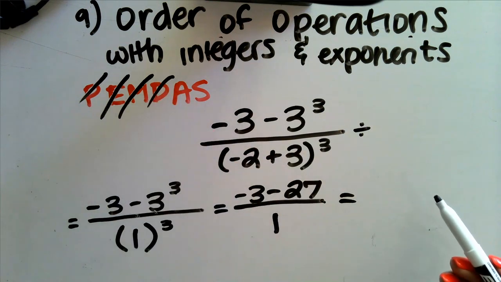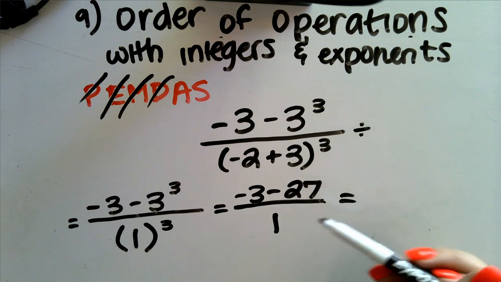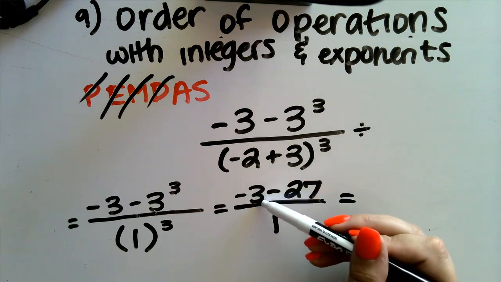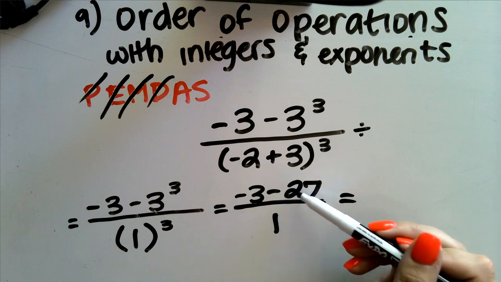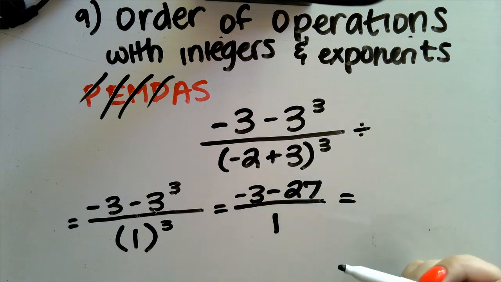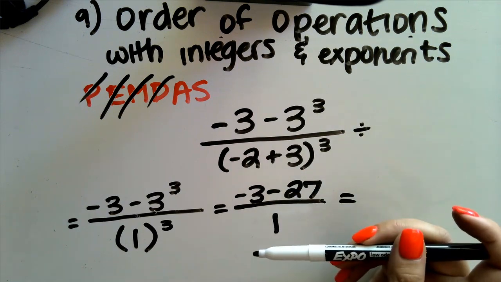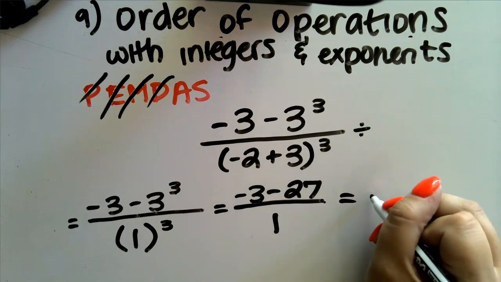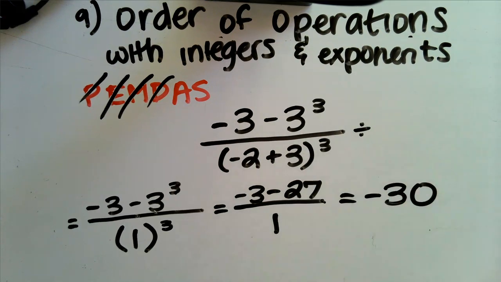Cross that out. Now we just pay attention to the addition and subtraction in our numerator. Negative 3 minus 27. We're starting at negative 3, which is to the left of 0. And since we're subtracting, we're going more to the left, more negative. Negative 3 minus 27 is just negative 30.